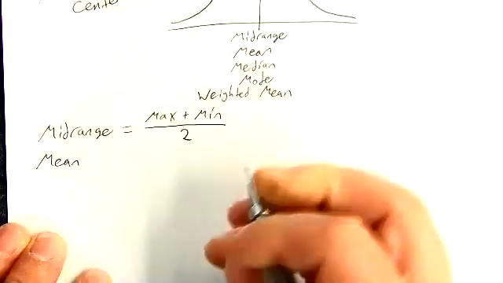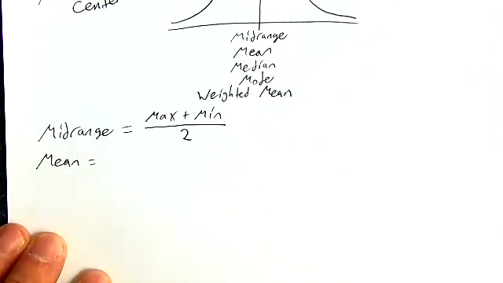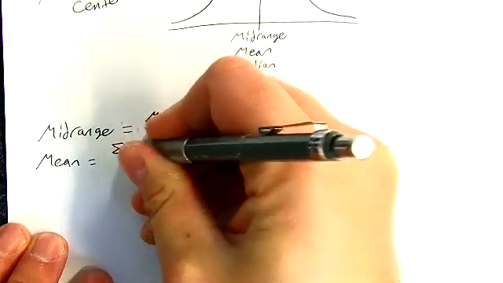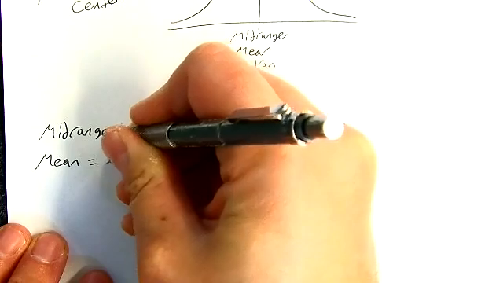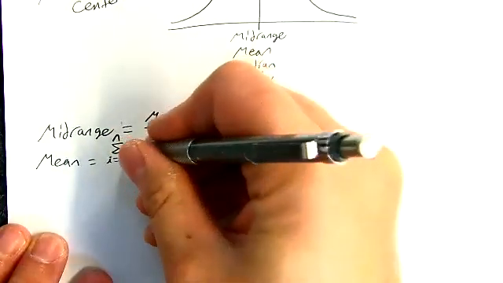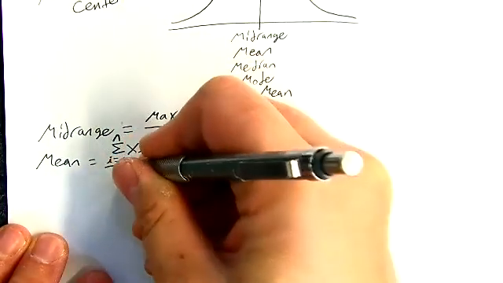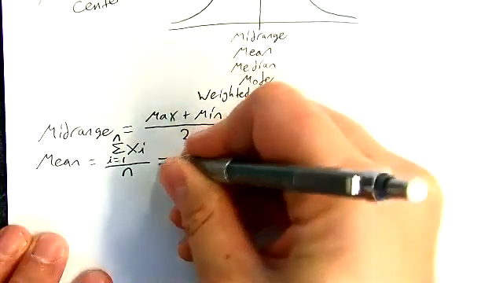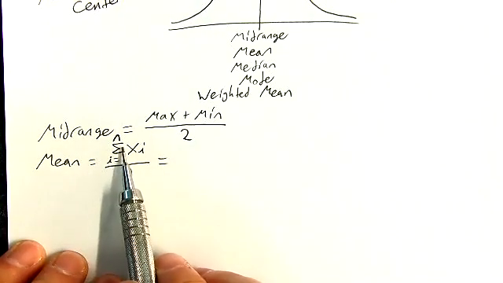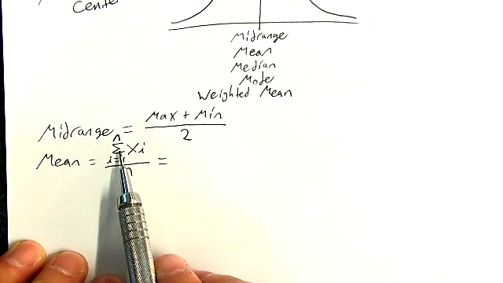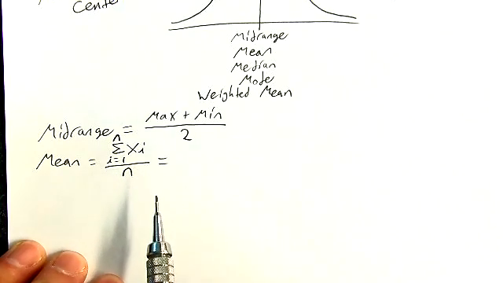Mean is equal to the summation as i goes from 1 to n, x sub i divided by n. Now that is shorthand mathematical language. This is a summation symbol. It just means add up a bunch of stuff. So in this course, I'm not overly interested in you knowing what these symbols mean.